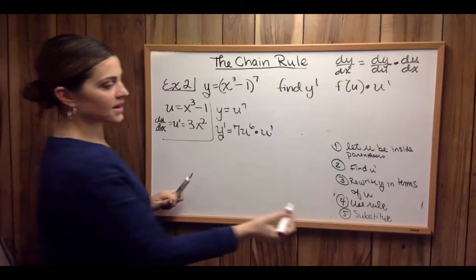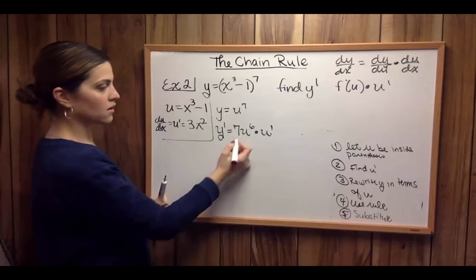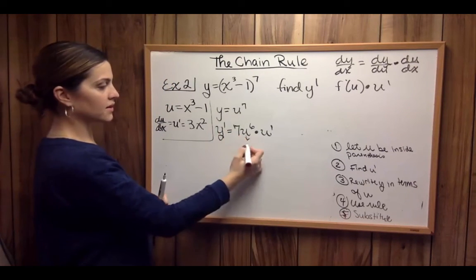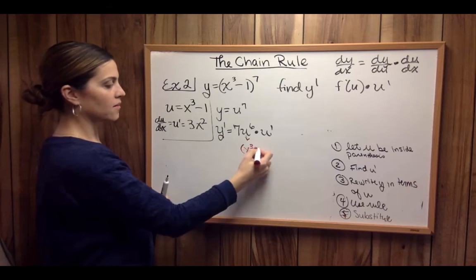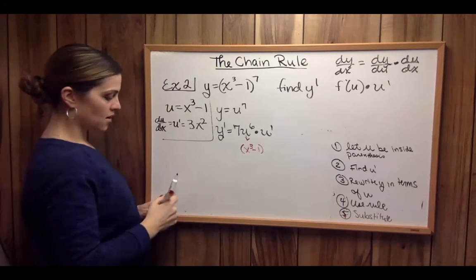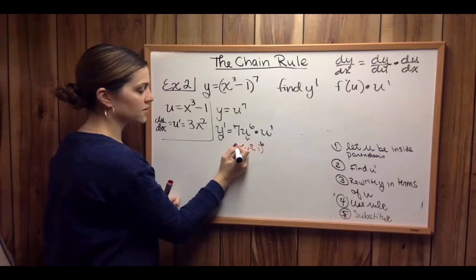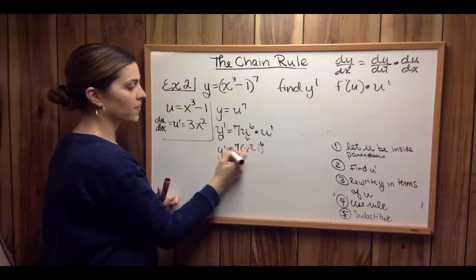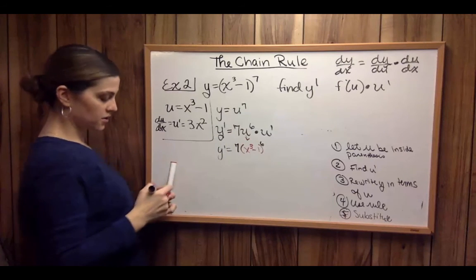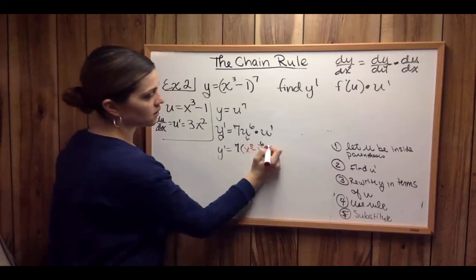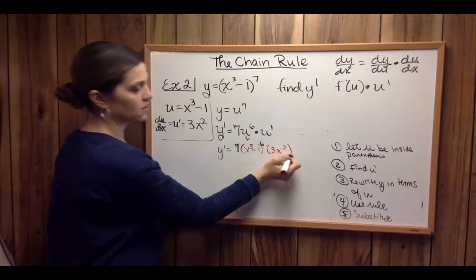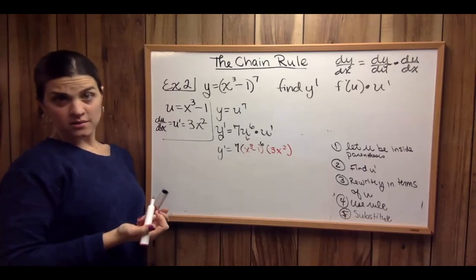So now, last step, substitute in. The u is x to the third minus 1. That's being raised to the 6th power. There's a 7 coefficient in front. U prime is 3x squared. Clean this up a little.